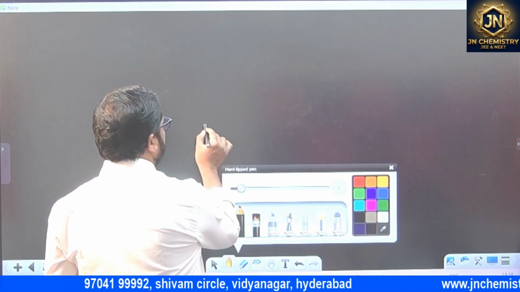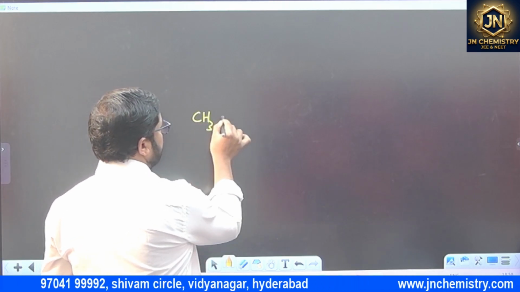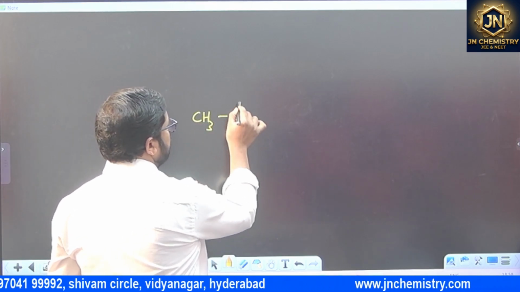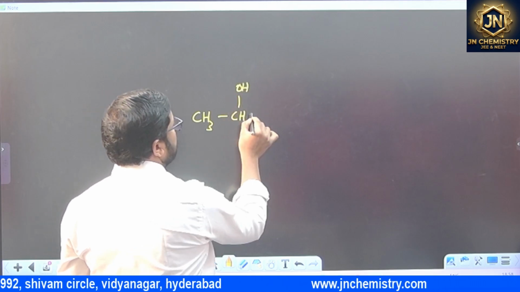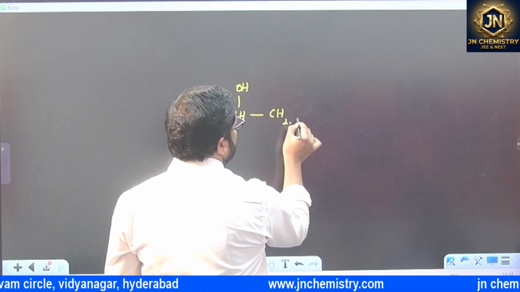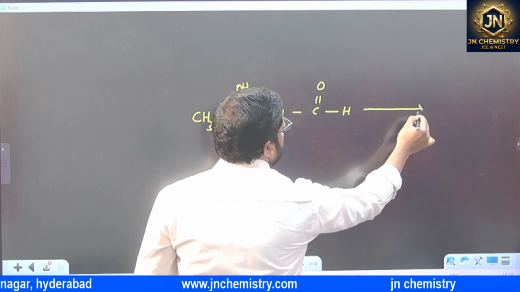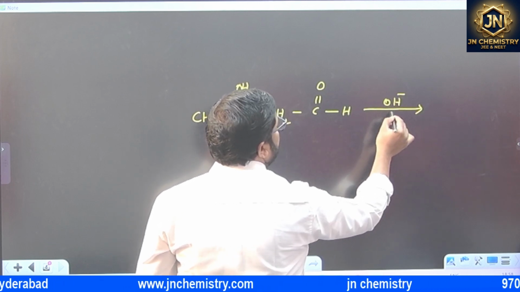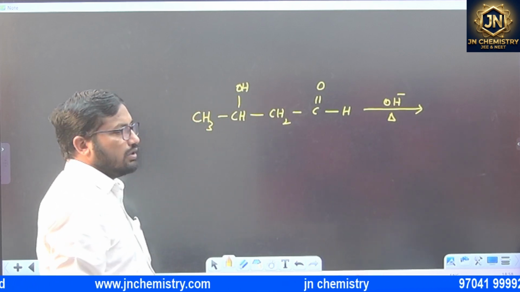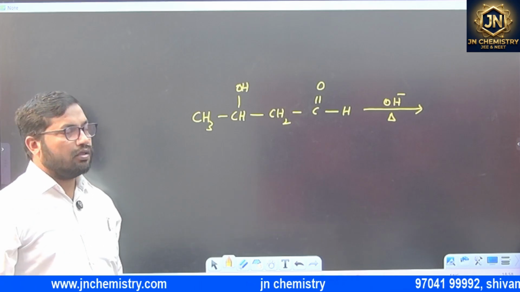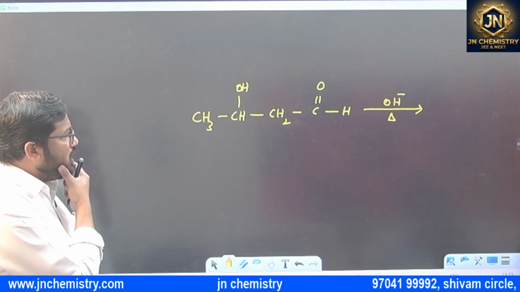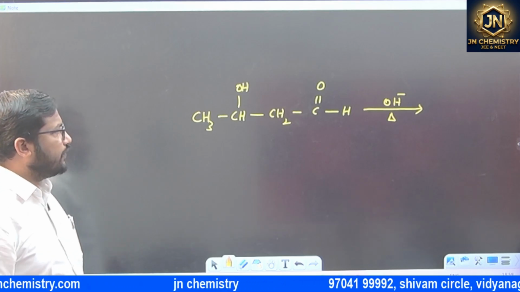So the last example which I gave you: CH3, CH, OH, CH2, C double bond O, H in basic medium. So remove the water molecule. So which hydrogen do we need to remove now?